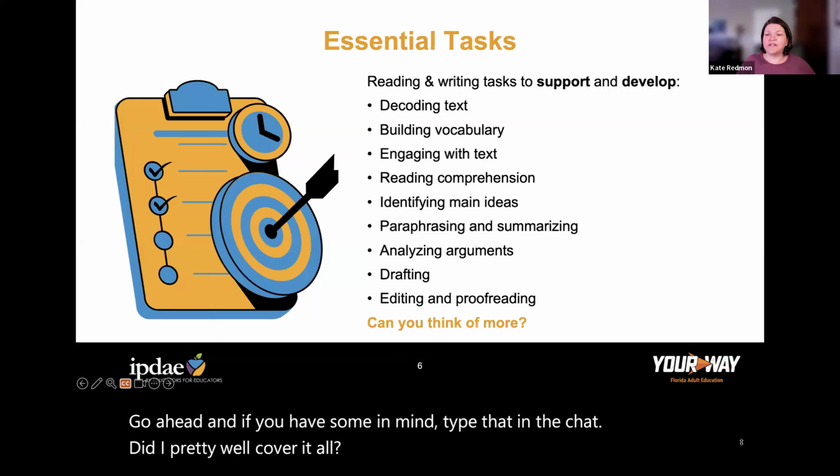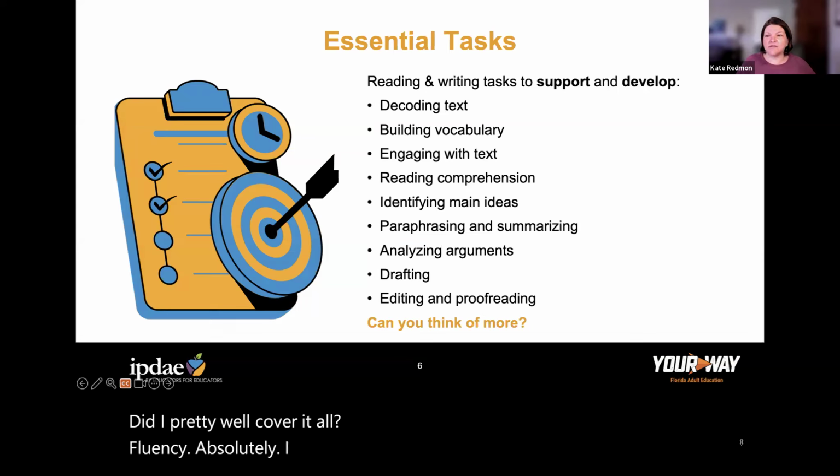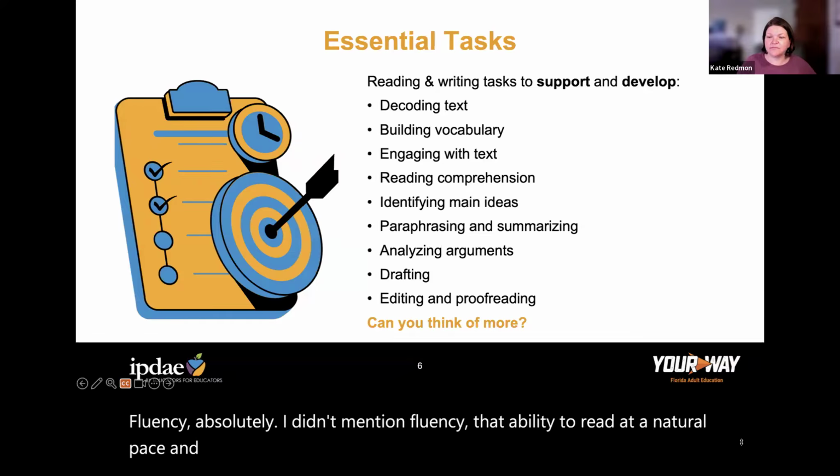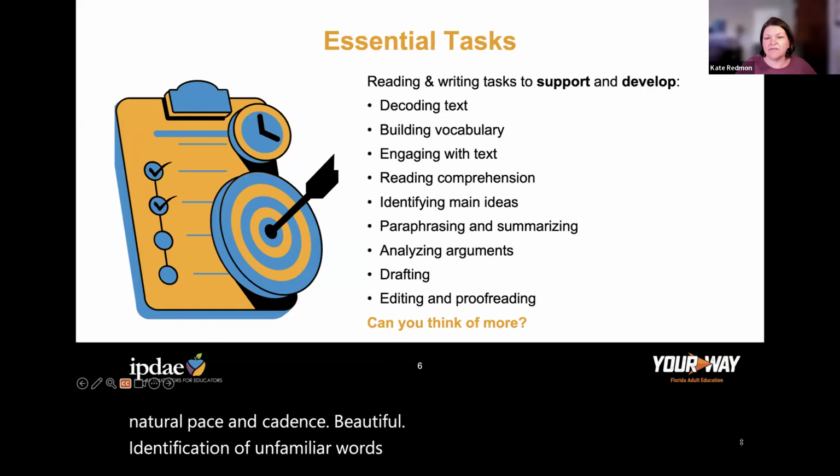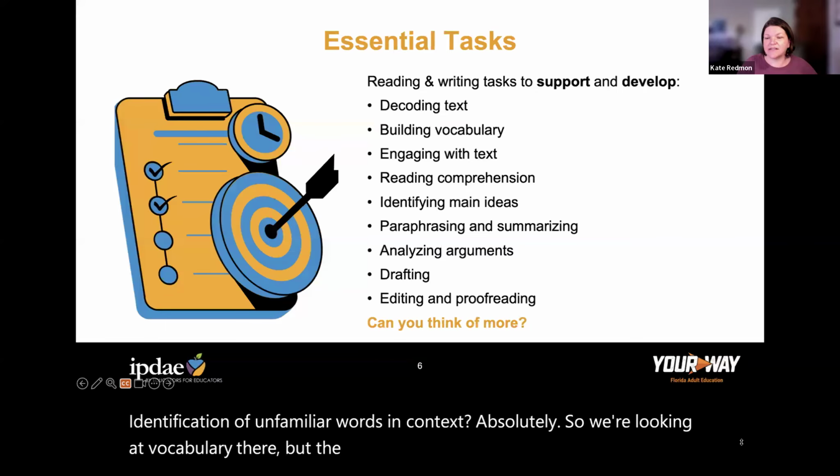Fluency. Oh, absolutely. I didn't mention fluency, that ability to read at a natural pace and cadence. Beautiful. Identification of unfamiliar words in context. Absolutely. So we're looking at vocabulary there, but the specific skill. Nice. Thank you.